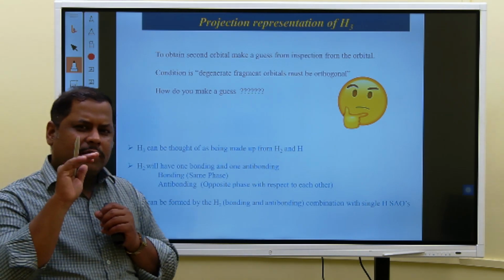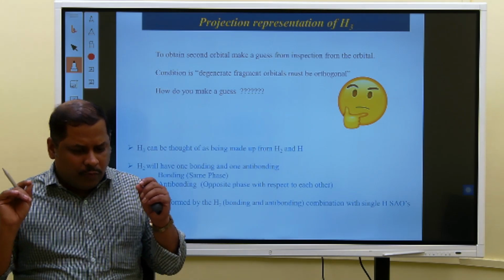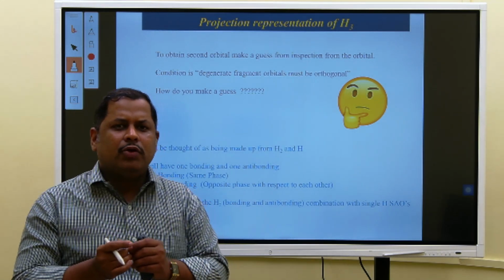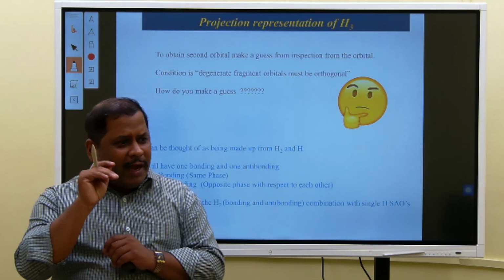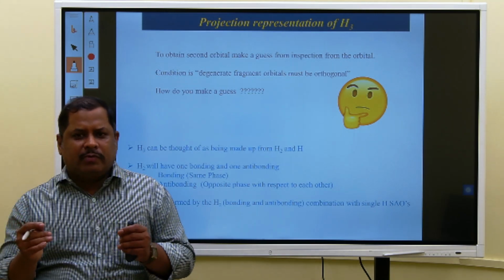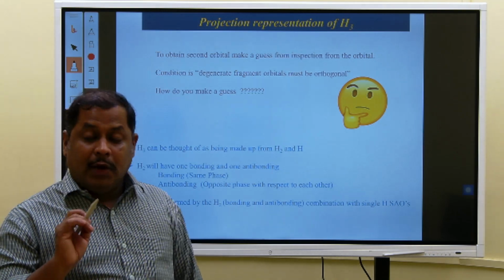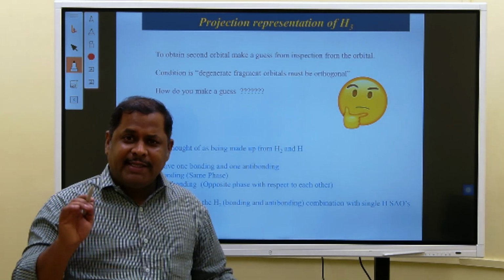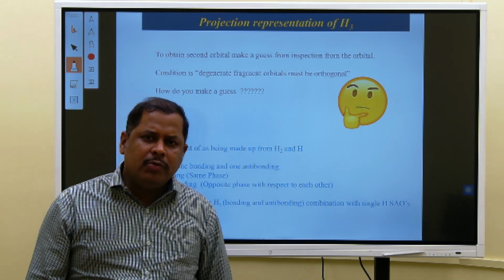Even if you do not talk about group theory, just think about the basics. What is the basic? Whatever number of orbitals are mixed up, the same number of orbitals are formed. Now H3 can also be split into two parts. What are those? H2 plus H. Agreed? Now H2 means H and H. If these two are mixed up, how many orbitals are formed? 2.